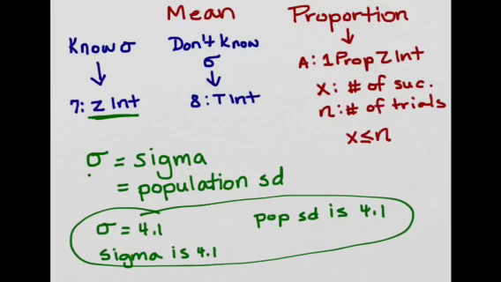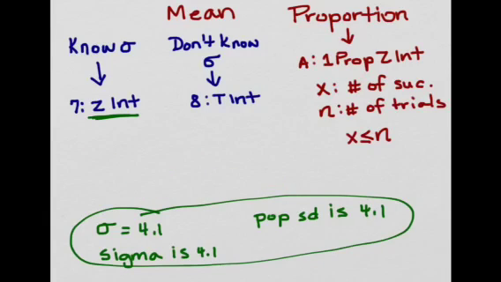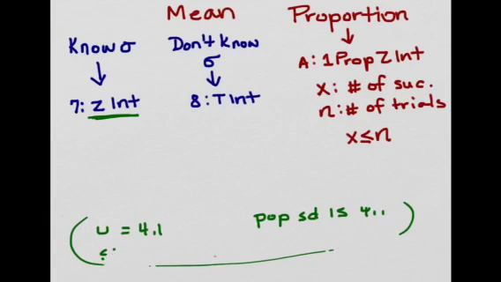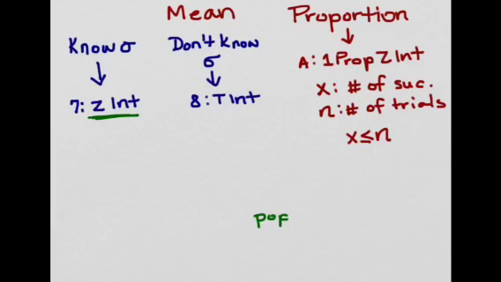Now, how do I know when I have a problem that I don't know sigma? It seems like it should be obvious, but this can actually be rather tricky. Now, in every problem, whether it's about a mean or a proportion, there's always a sample being taken.